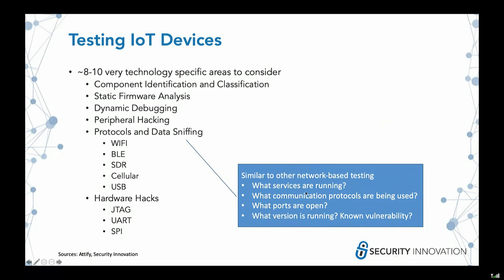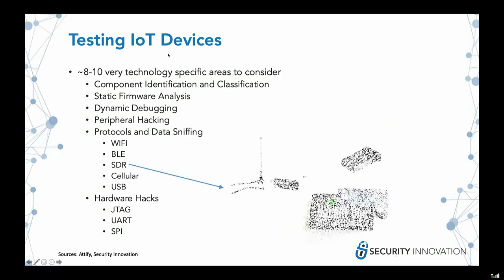What services are running, what communication ports are open, and what protocols are being used. And once you can understand that, you can also figure out what version it is and if there's a known vulnerability. And in fact, there's also a number of handy-dandy tools that can help you with that. If you have a software-defined radio protocol, there's this nifty little tool from NooElec.